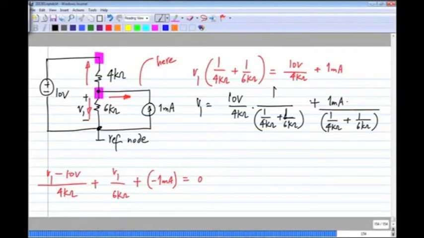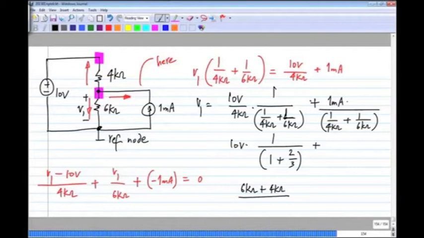So if I take this inside, I will get 10 volt, 1 divided by 4 kilo ohm, this gives me 1, plus 4 by 6, this gives me 2/3. Okay. And this one here, if I calculate this, I will get 6 kilo ohm plus 4 kilo ohms divided by 4 kilo ohm times 6 kilo ohm, which is basically 10 by 24 kilo ohm. In the denominator we have kilo ohm square, in the numerator we have kilo ohm, so we have 10 by 24 kilo ohm. So we have 1 milliamp times 24 kilo ohms divided by 10.